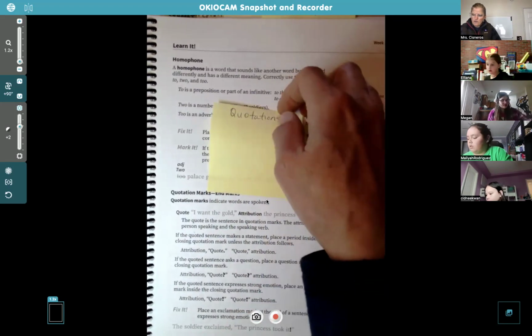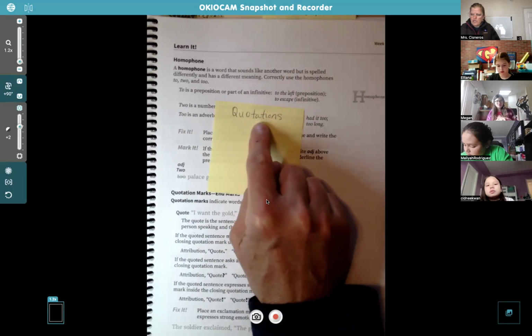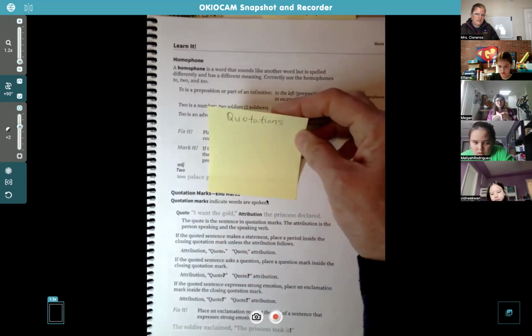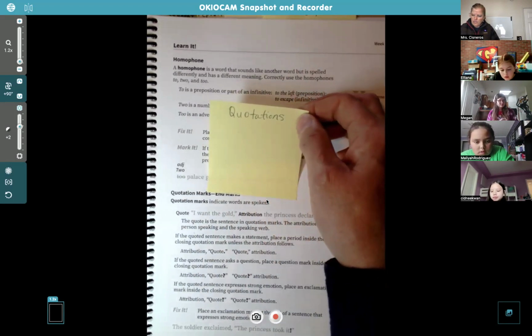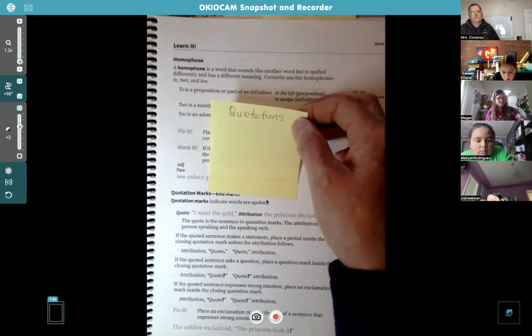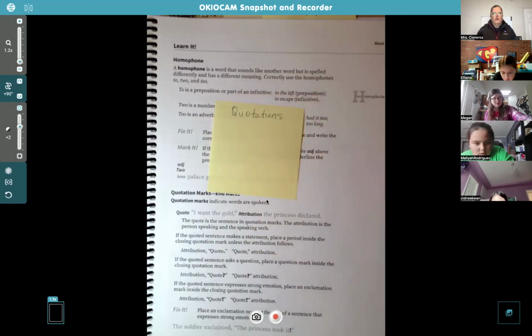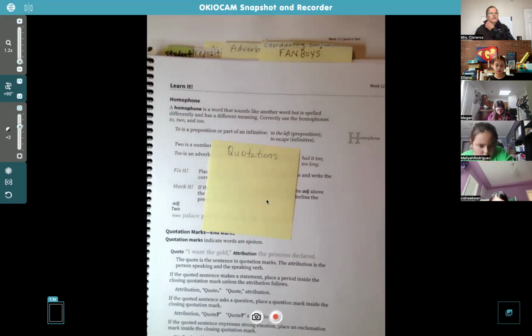So get a Post-it note if you have one. If you don't have one, you can do this part later. Put quotations on the part that's not sticky. Okay, so turn it upside down and put it there. Quotations. And then stick it at the top of that page so you can find it later.